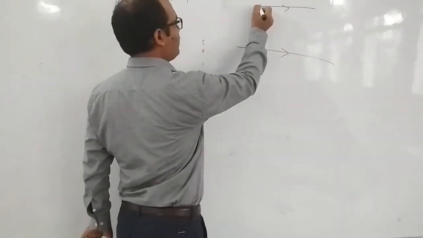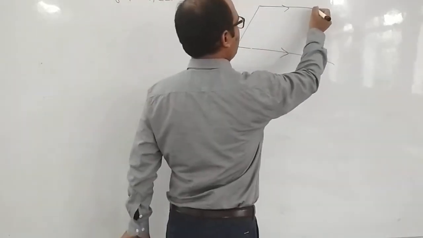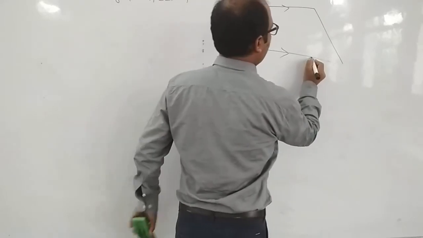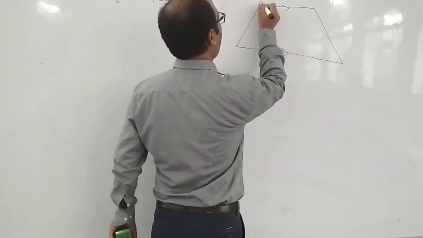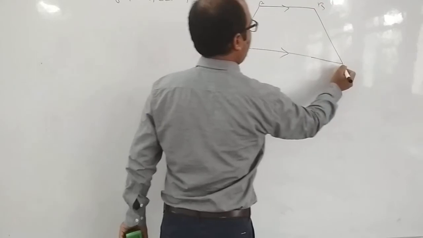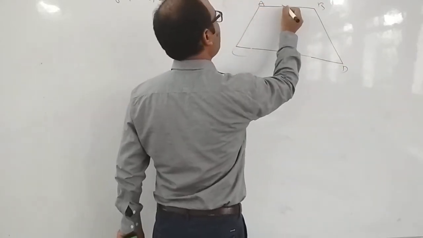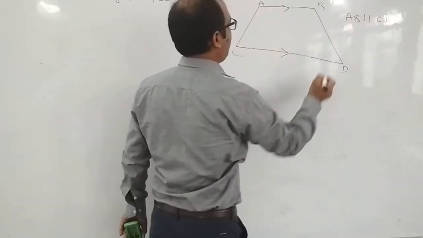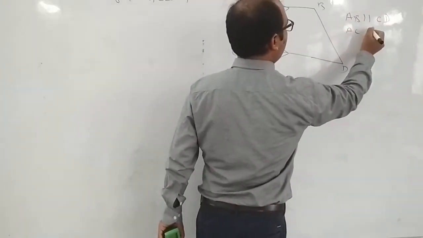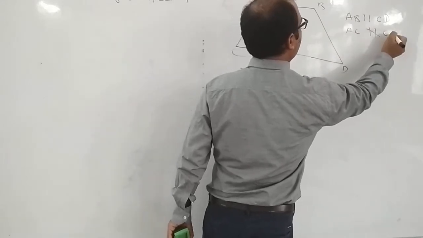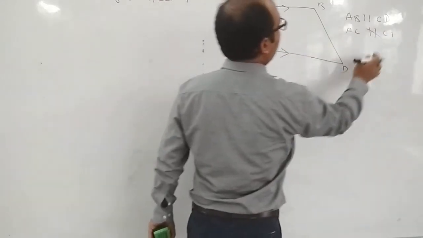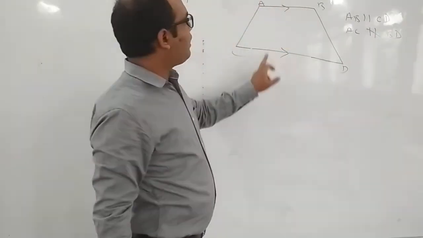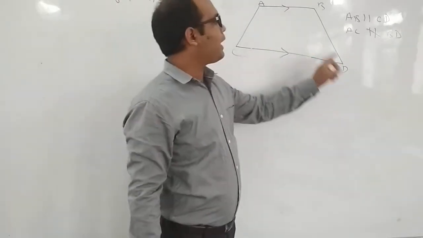So suppose this one is called trapezium. Why? Because of the sides A, B, C and D. AB is parallel to CD and AC is not parallel to BD.